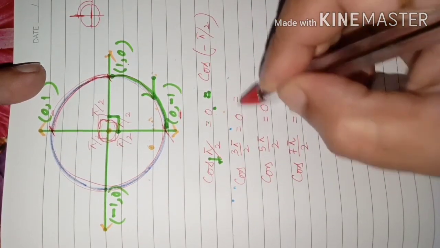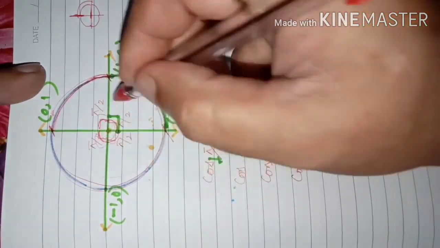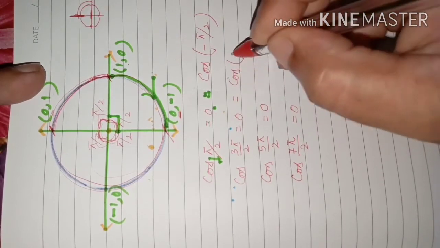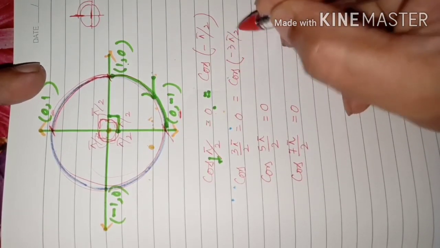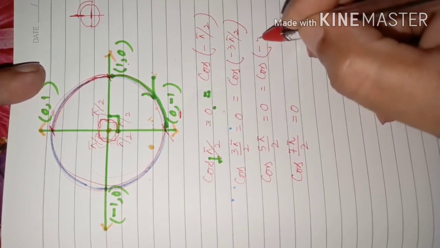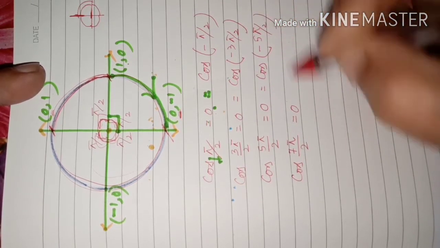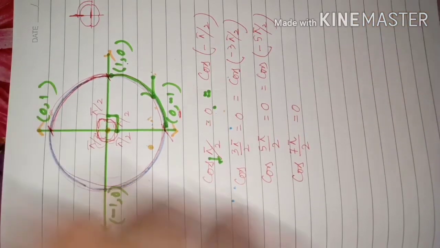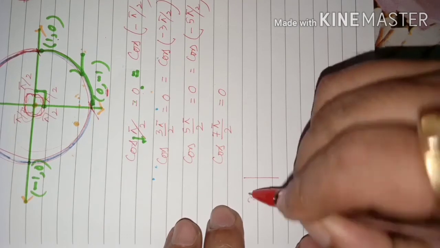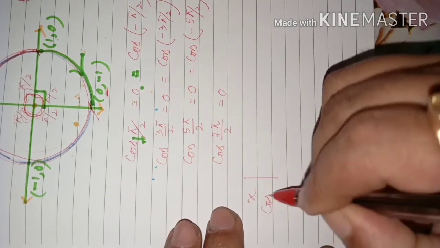For cos minus 3 pi by 2, going pi by 2 in clockwise direction, it will also be 0. Cos minus 5 pi by 2 also is 0. So our conclusion here, dear students, is that x and cos x, their values will change like this.